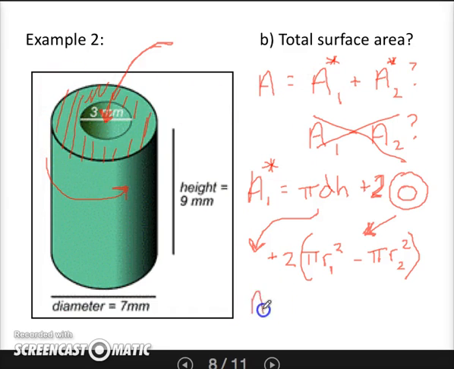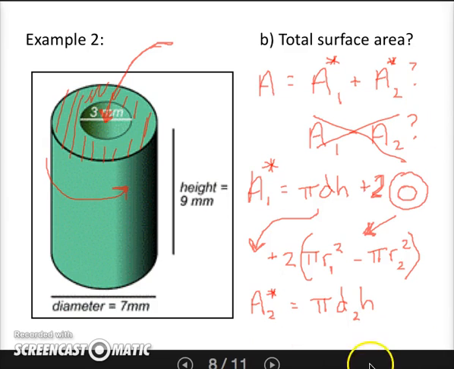Then we could easily calculate the part that's showing from the small cylinder because that's just the lateral area. The hole just is the sides of itself. It doesn't have a top or bottom. So we got away with something there without having to do a lot of calculation. We can just say pi times the diameter, the little diameter now, times the height of that whole thing.